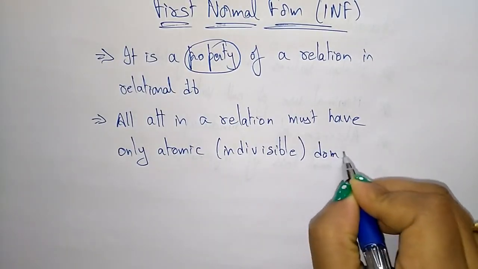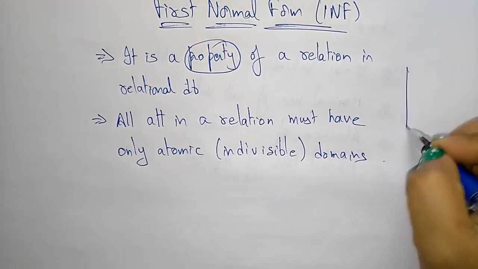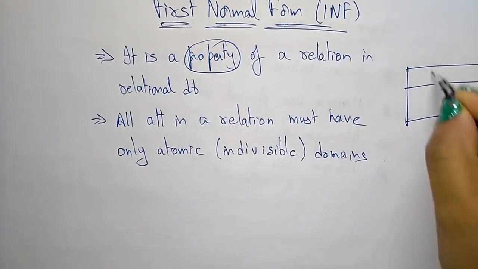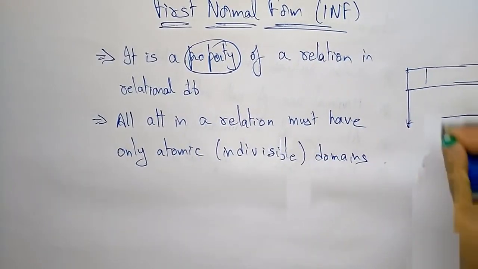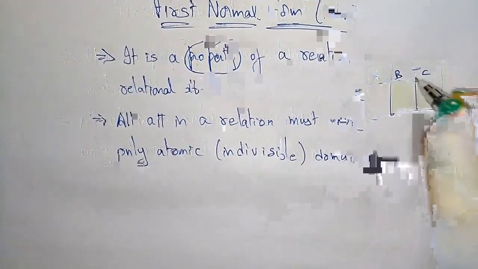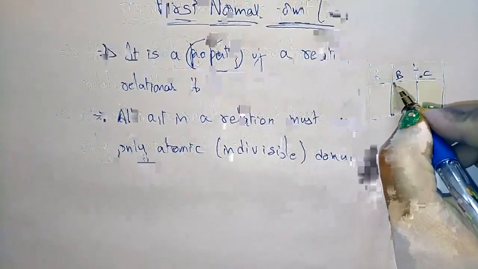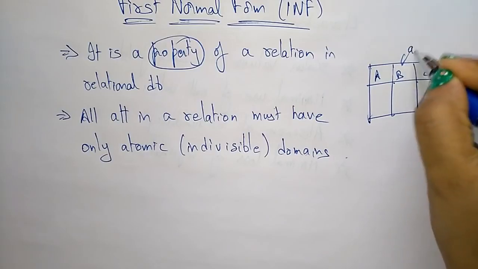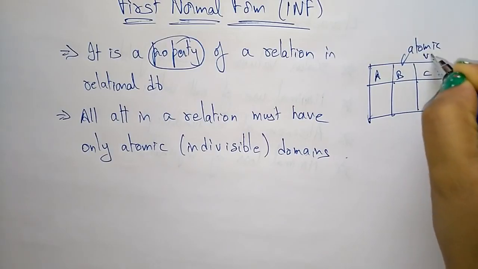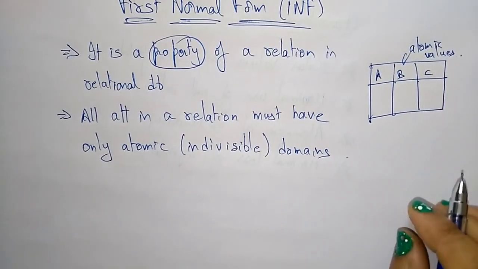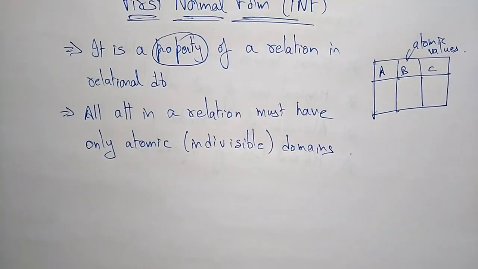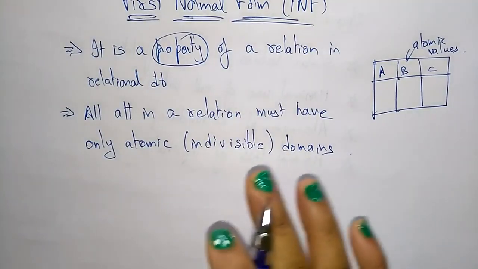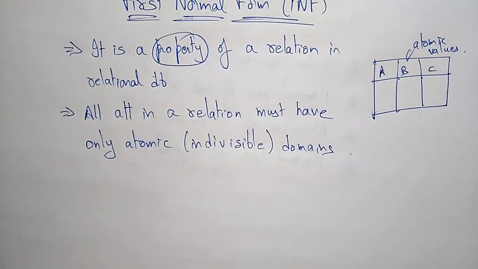Domains are nothing but values, whatever the table has. So these attributes must hold only atomic values, atomic domains. That is how the first normal form is represented: it only holds atomic values.